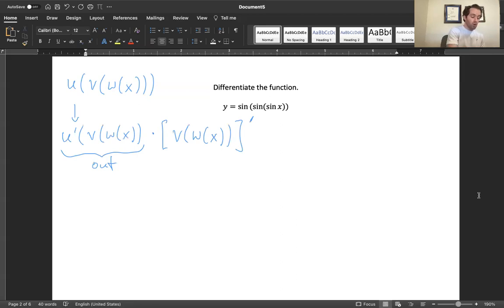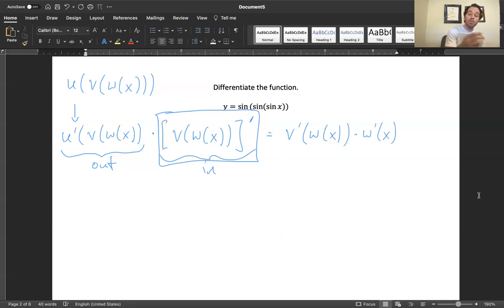Now, this we're calling the derivative of the inside for now, but in fact, it will be another application of the chain rule, except now we don't have too many layers. Now we have the normal number of layers that we're accustomed to, which is 2. So this will be, by which I mean just this part, it's going to be equal to v prime of w of x times w prime of x. And now this becomes doable.